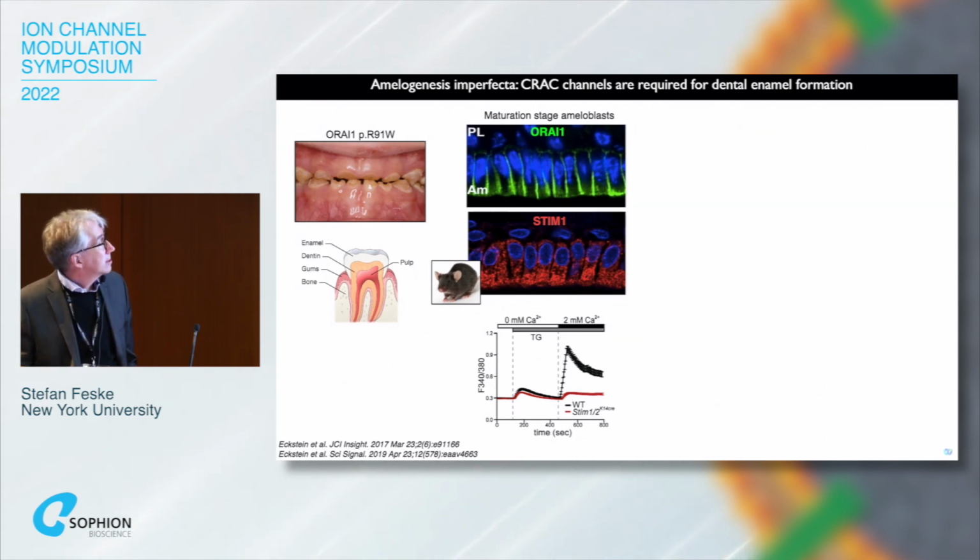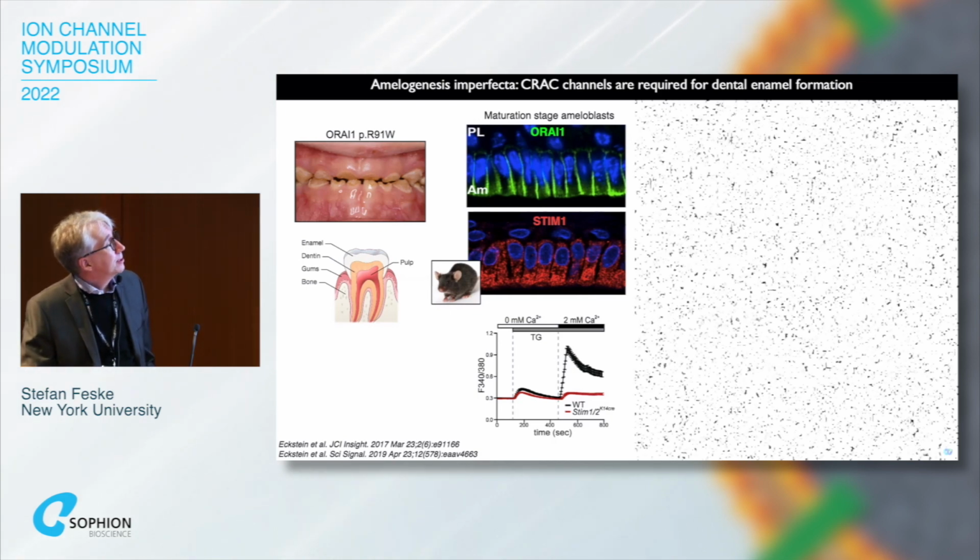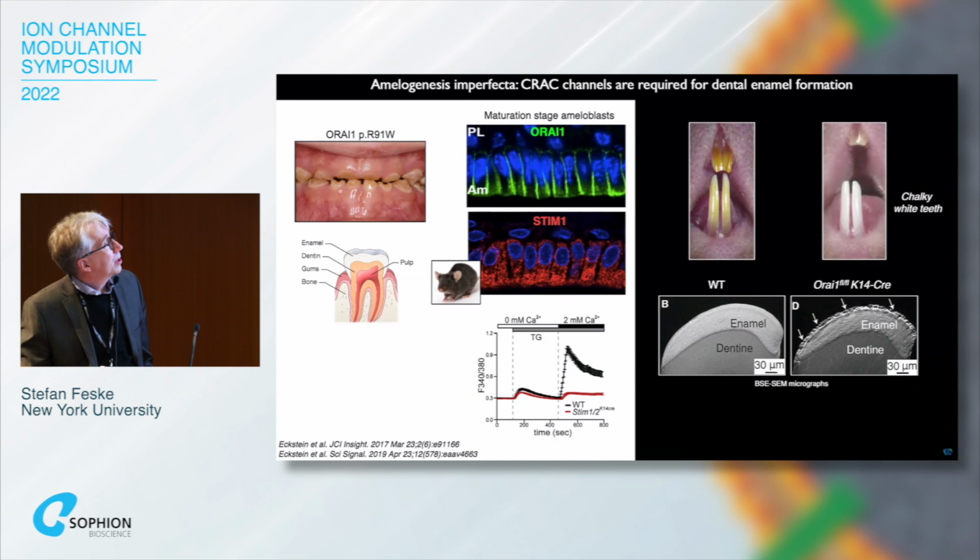And when we take the STIM1, STIM2, CD14 Cre knockout mice, calcium influx is completely abolished in these ameloblasts. And when he then looks at the teeth of these mice, you see that Orai-1 knockout mice have these chalky white teeth, which is a little bit paradoxical, that if you have less calcium, the teeth become white, but that's how it is.